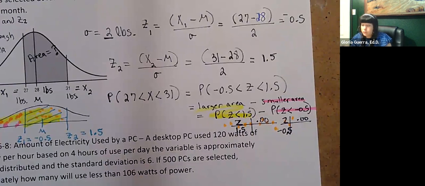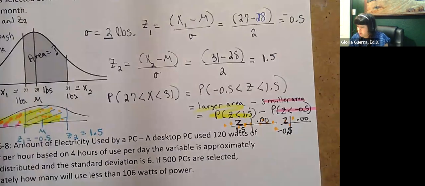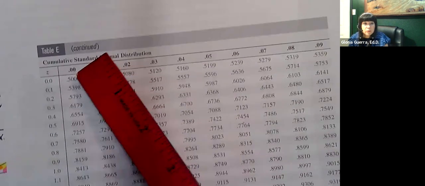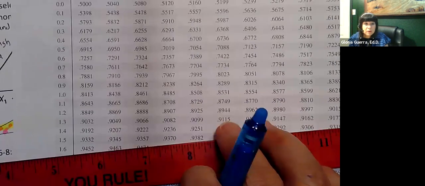And so I have the 1.5. When I go to my positive chart, 1.50, and you see the 0, 0 is in the front. So 1.5 is right here.